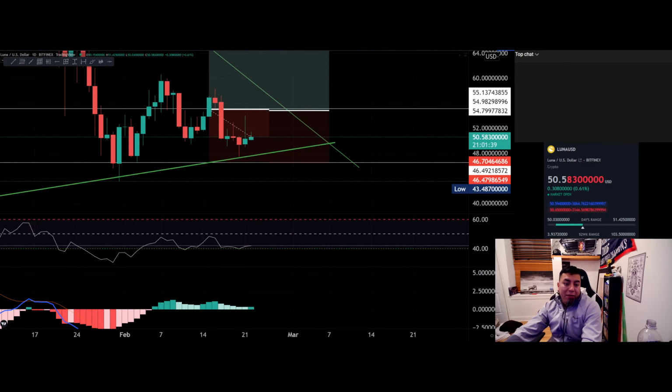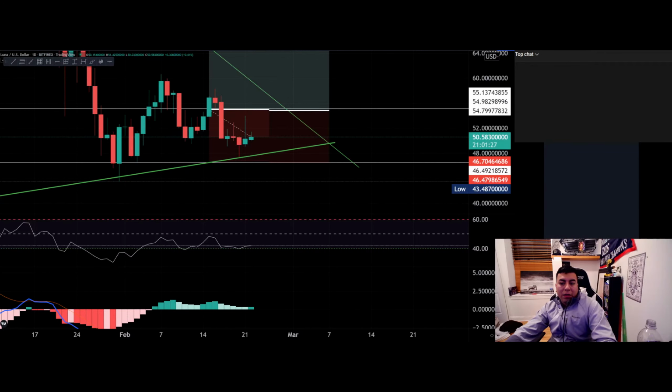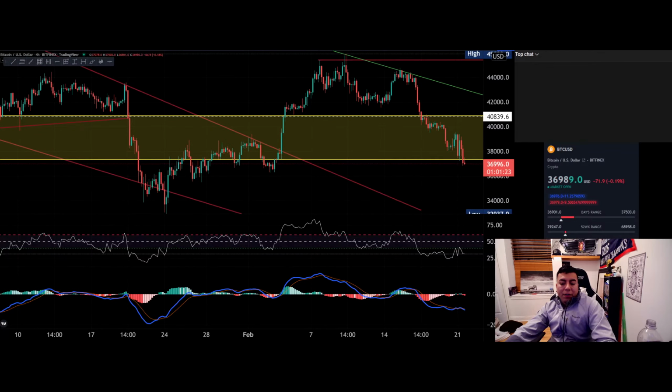I forgot what kind of candles these are, but let's see if we can figure it out. Oh, that's not the one I wanted. Let's see if one of these charts has it. I don't remember which chart it was.